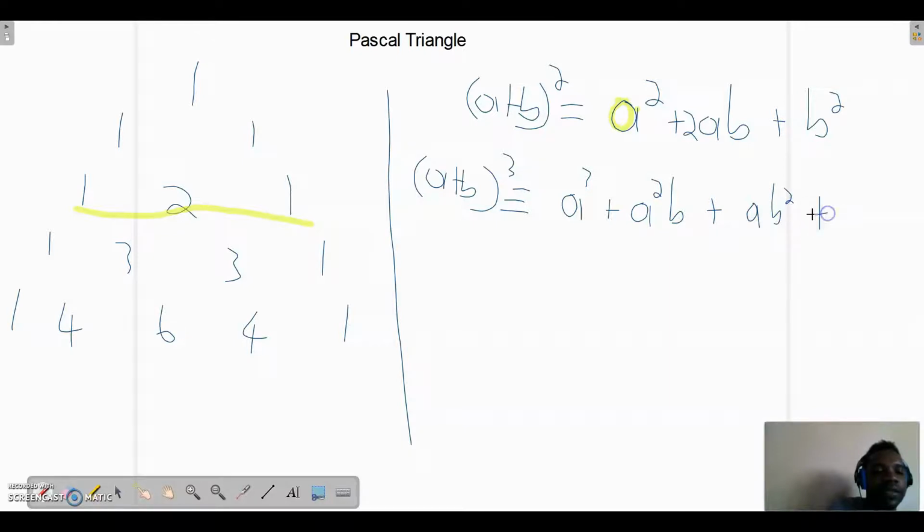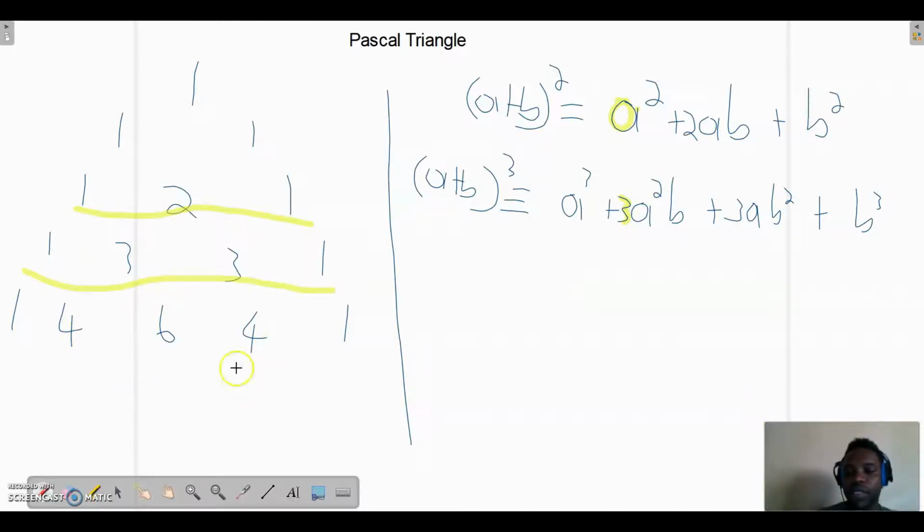And then finally, the a goes to a power 0, and you end up with b cubed. To get the coefficients, we go back to the Pascal triangle, and we look for when we have 3. So it's going to be 1, 3, 3, 1. We don't need to input the 1, because once we say a cubed, we know the coefficient of a cubed is 1. What about a bracket raised to the 4th power?